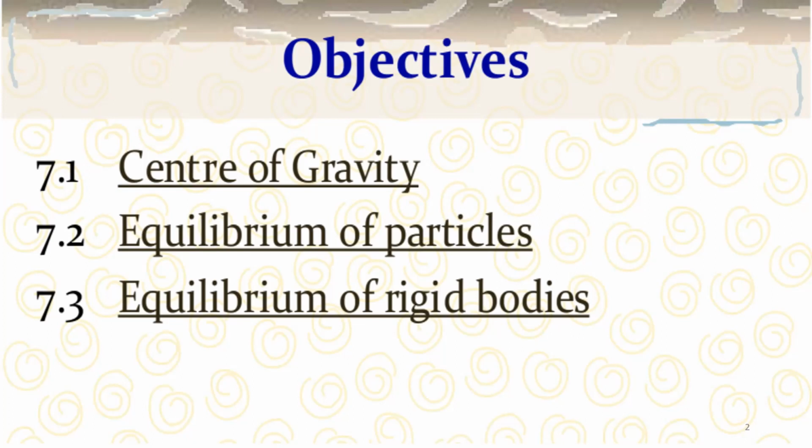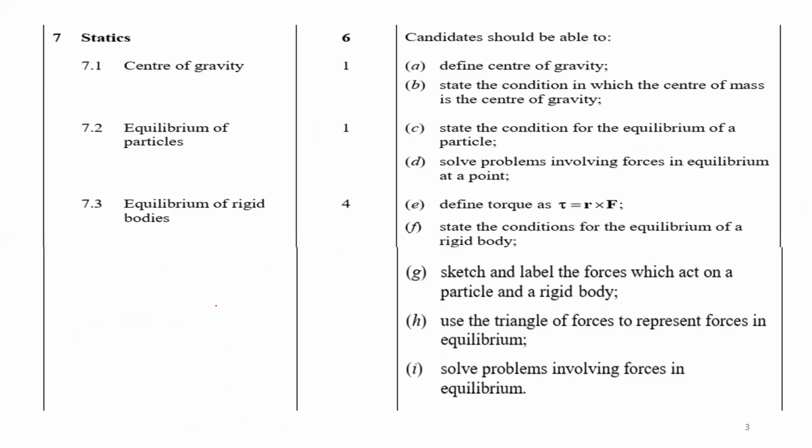The term equilibrium refers to an object where the resultant, the net force, is basically zero. But when you say the equilibrium of a rigid body, in a way we are referring to a body brought to a situation of rest. So this is according to the syllabus.